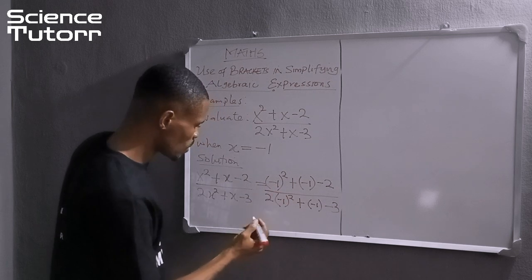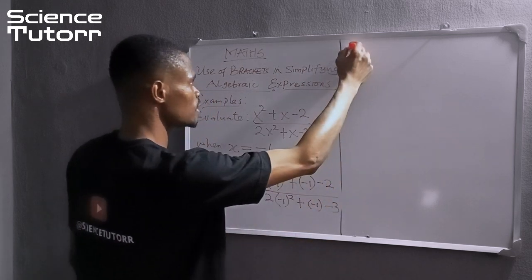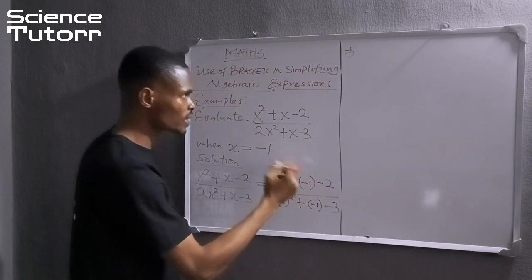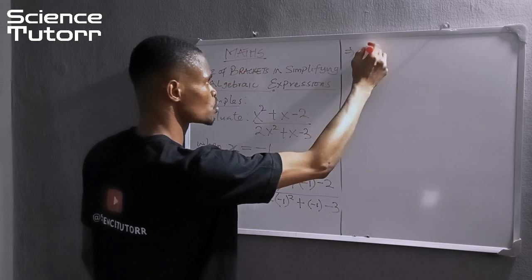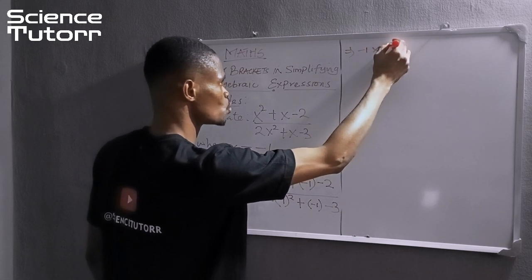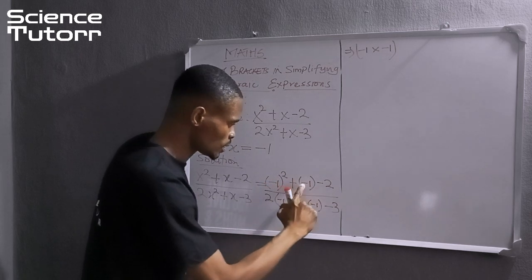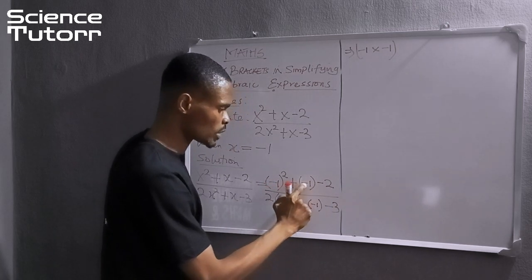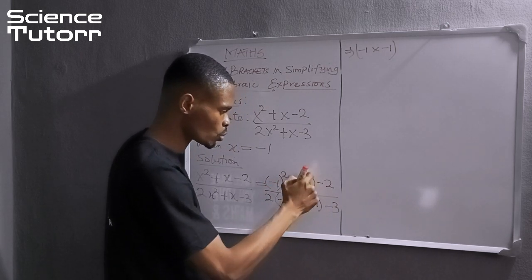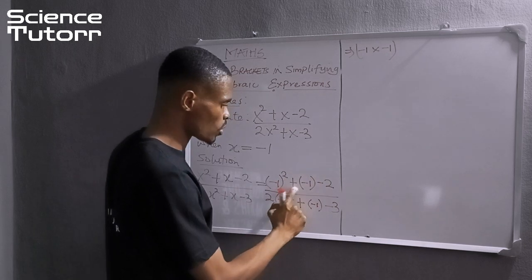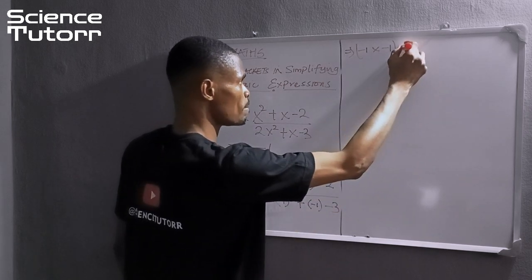Now, to simplify what we have in the brackets, minus 1 squared simply means minus 1 times minus 1. Plus times minus gives us a minus. In order to terminate this bracket, plus times minus gives us a minus 1.